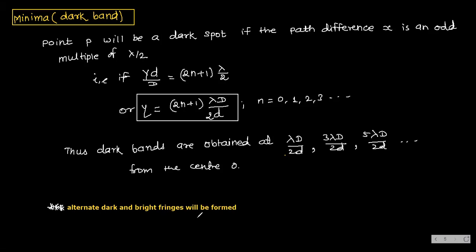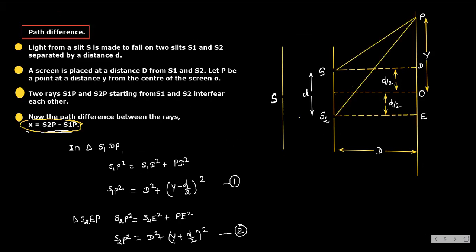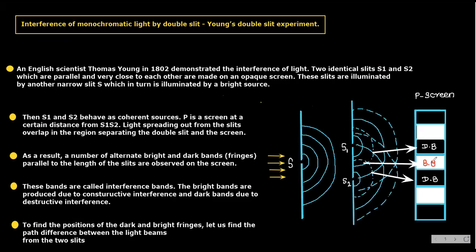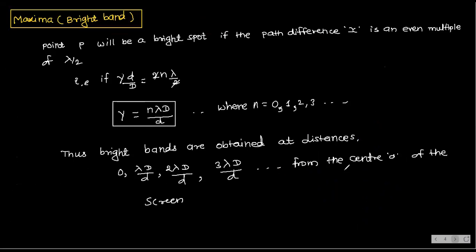Even I showed in the diagram, you can see here: dark band, bright band, dark band, bright band, like that. You are getting alternate bright and dark spots.